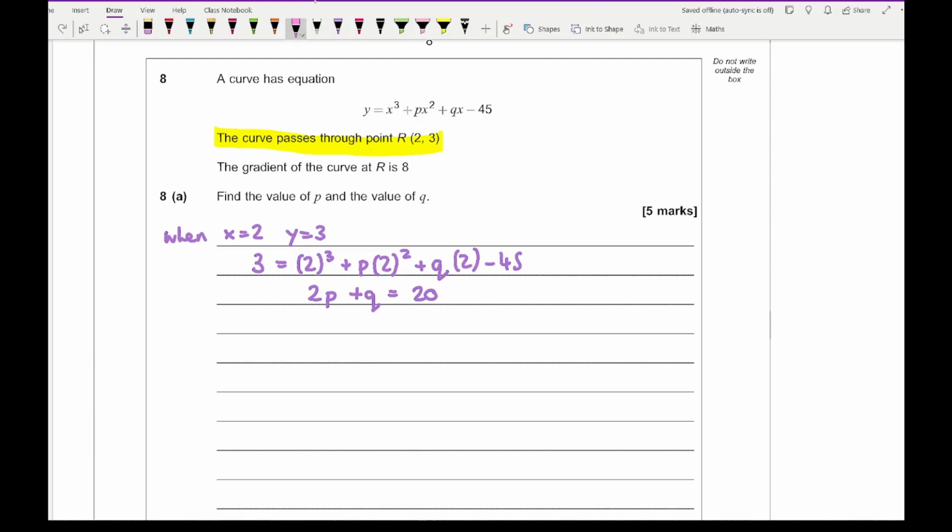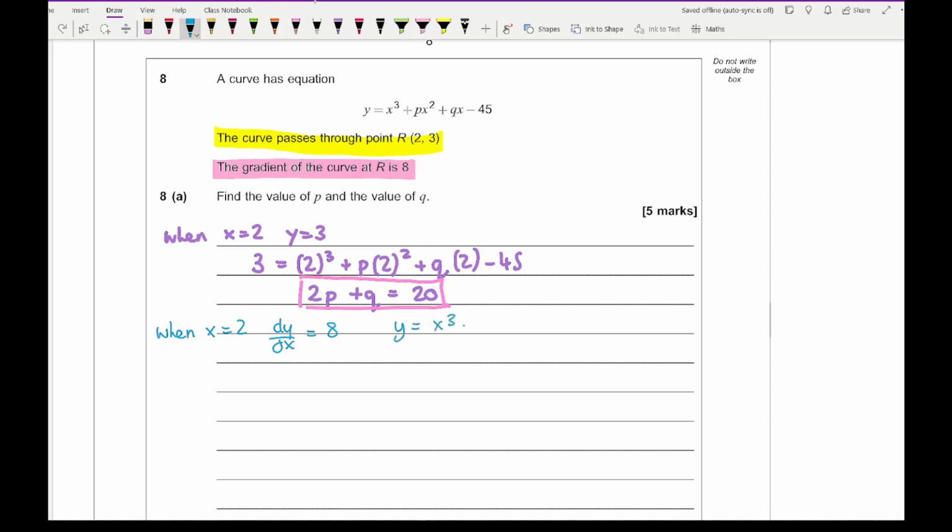And so I can just put a little box around that. Then if I take this bit of information, you'll know that the gradient of the curve at R is 8. So basically what I know is that when x equals 2, then dy over dx is going to equal 8.